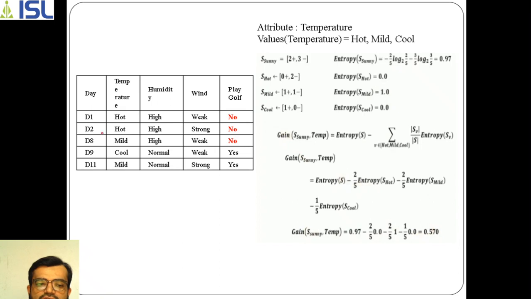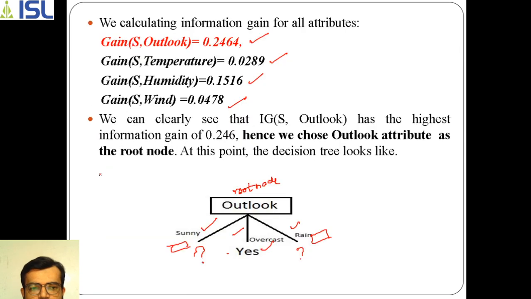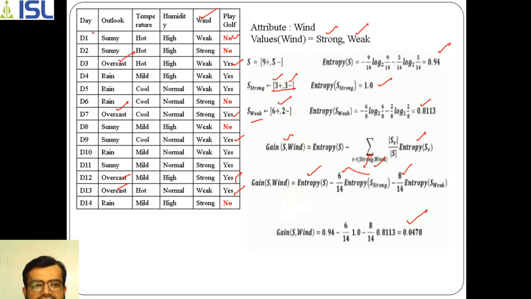So how have we shortlisted D1, D2, D8, D9, D11? If you observe, in all of these rows, everywhere sunny is there.